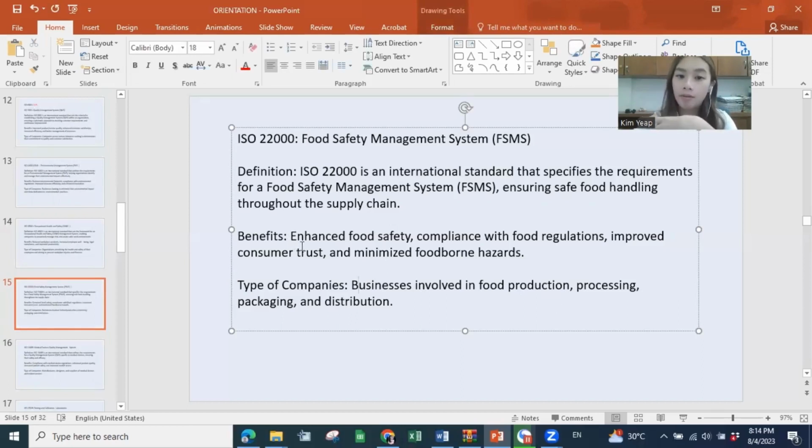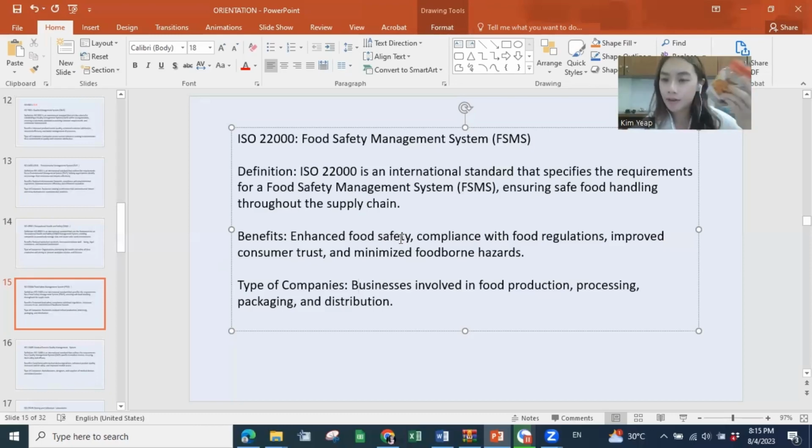So the benefits for the company who comes to us and says that they want to comply with ISO 22000, what can they achieve? Enhance food safety. They make sure that when they do the operation, it follows the food safety regulation. Okay, improve customer trust. I believe today, if we are all consumers, we buy two food products. One has a food safety certificate, and one without.